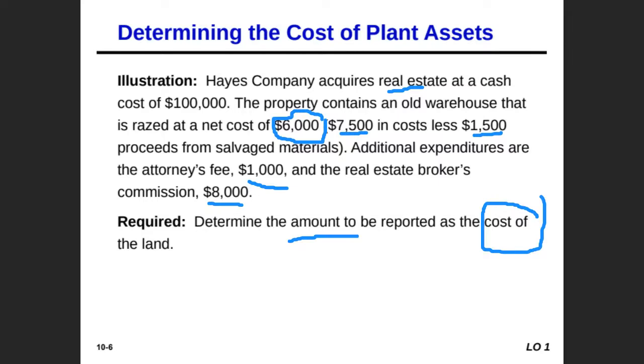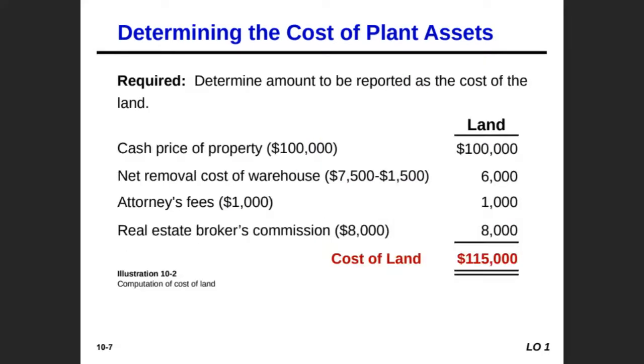Yes, thank you. So it is 100,000 plus 6,000 plus 1,000 plus 8,000, so it will be 115,000. This is the cost of land. Is it clear?